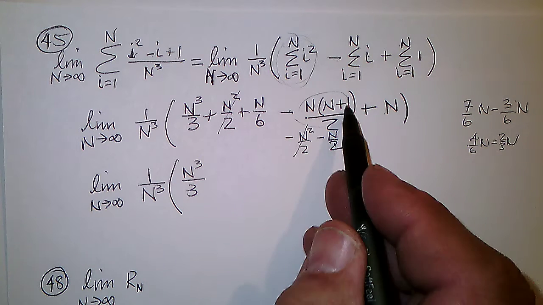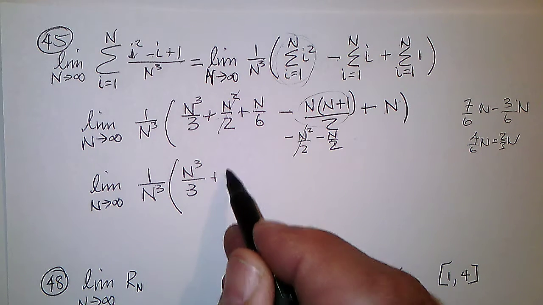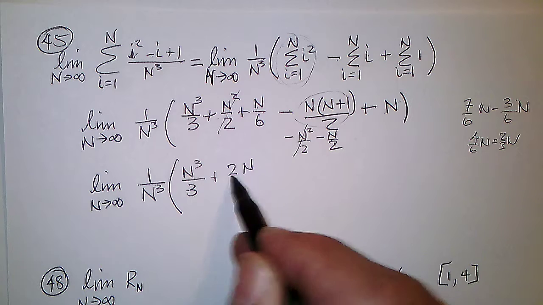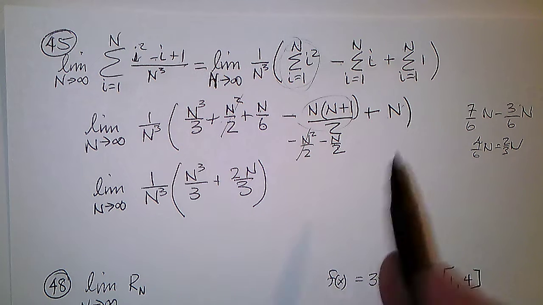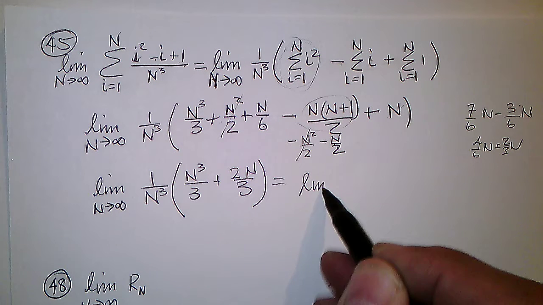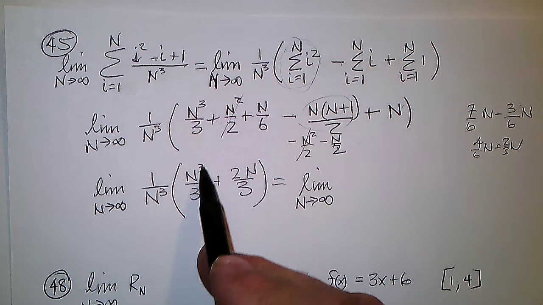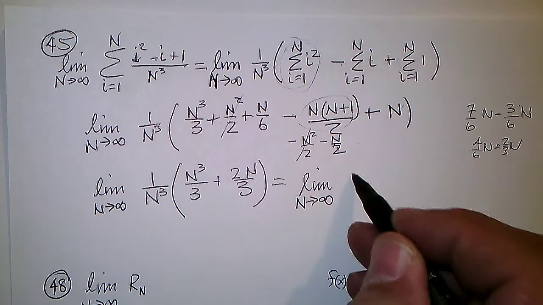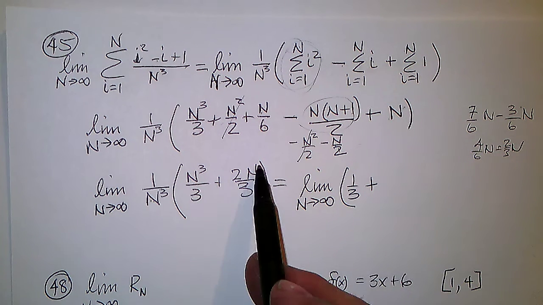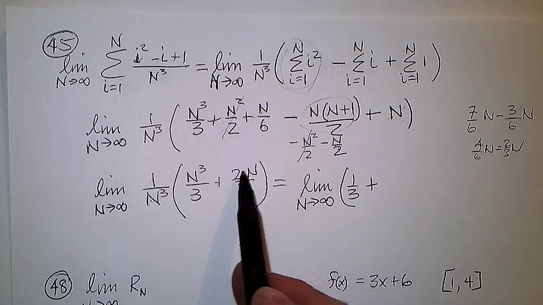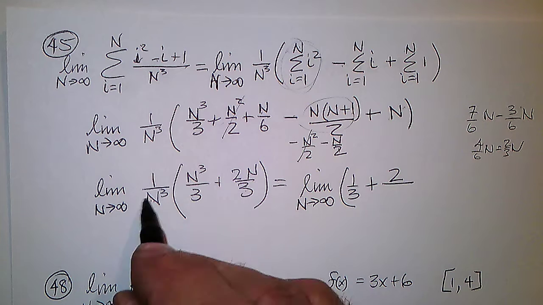So for the n's, I have plus 2n over 3. Now if I distribute this back in, I get the limit as n goes to infinity of the n cubes cancel, and I get 1/3, plus, if I take this in here, one of the n's cancel, so I get 2 over 3n squared.